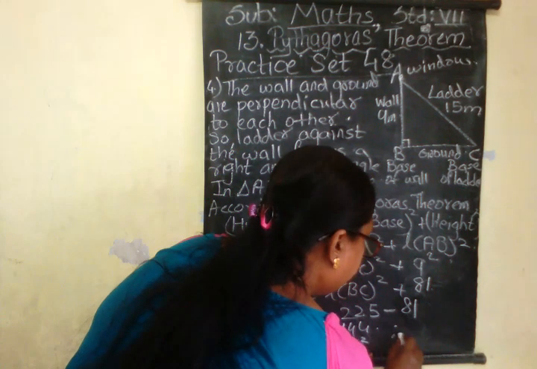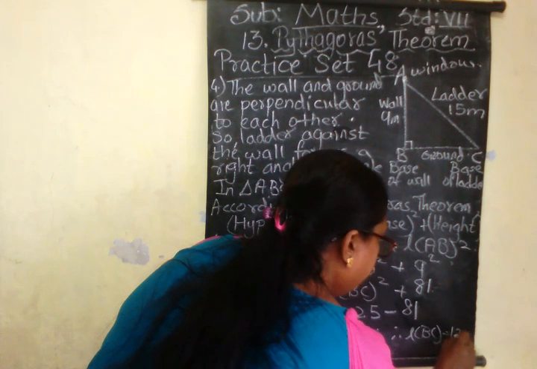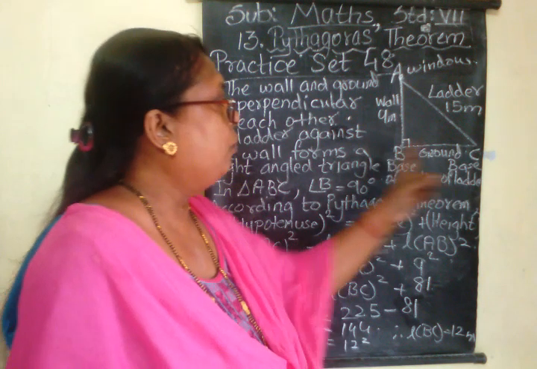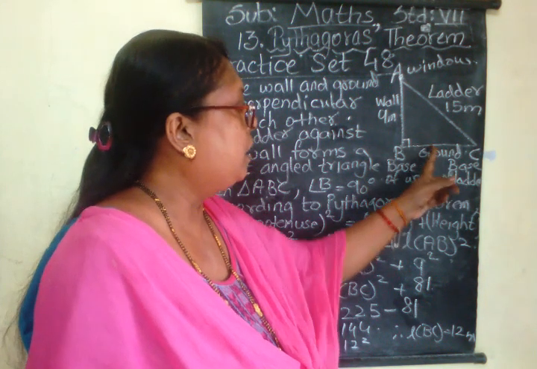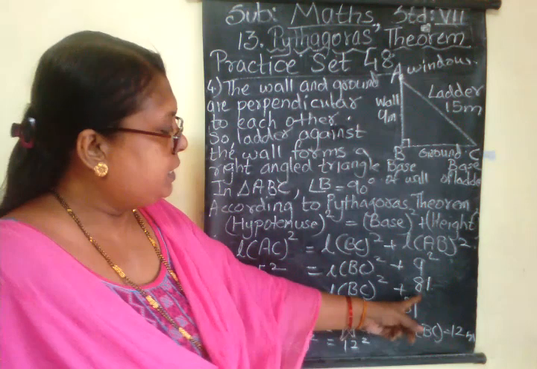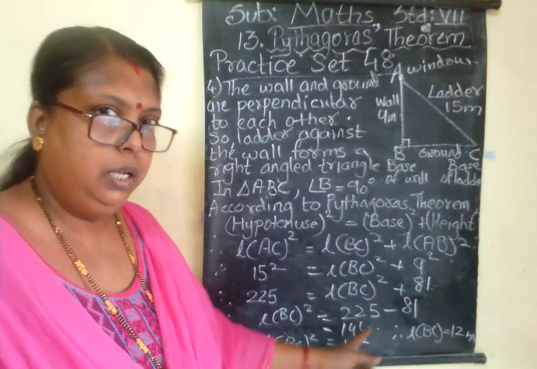Therefore, length BC equals 12 meter. That means the distance between the base of the wall and the base of the ladder, that is ground, comes to be 12 meter. Here 9 square is 81 and 225 minus 81 gives you 144.